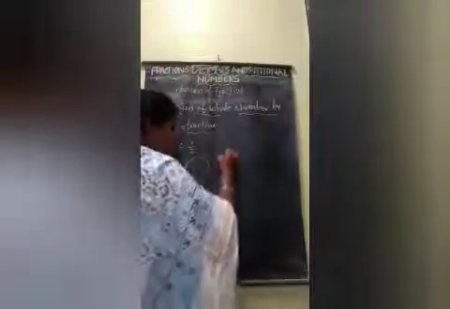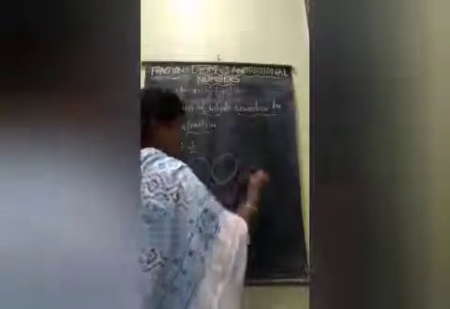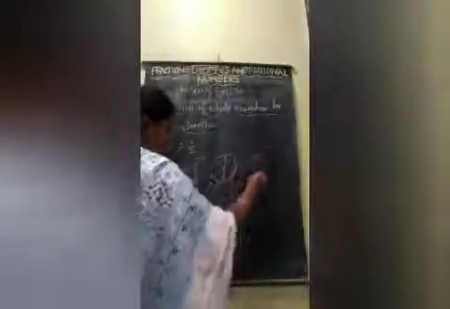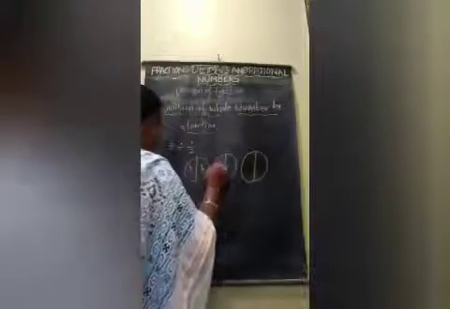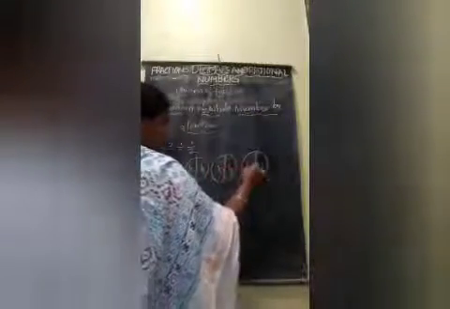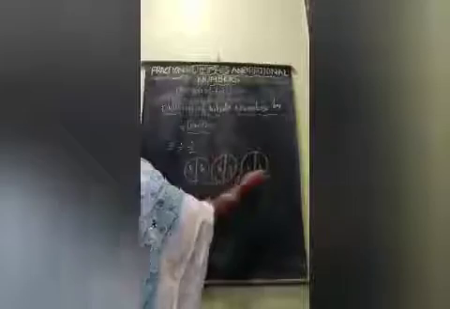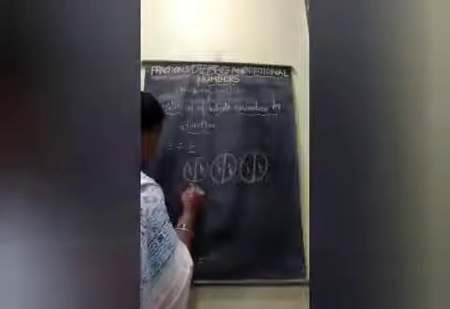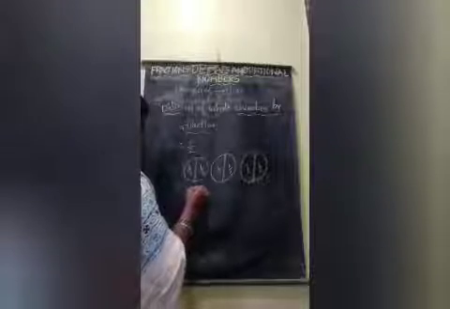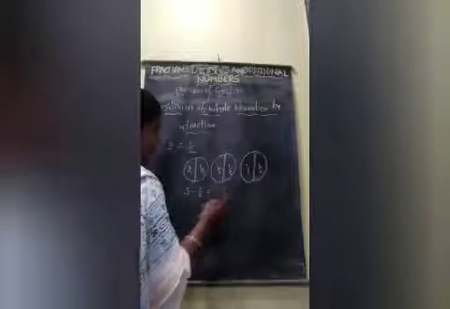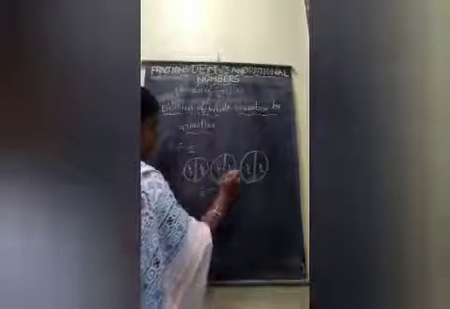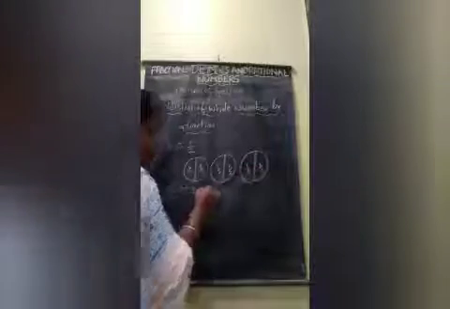In 3 wholes, how many halves are there? 6 halves are there. 3 divided by 1 by 2 is equal to 1, 2, 3, 4, 5, 6. 6 halves are there.